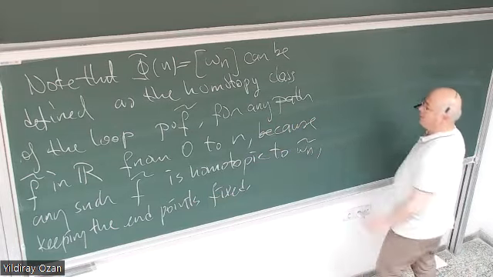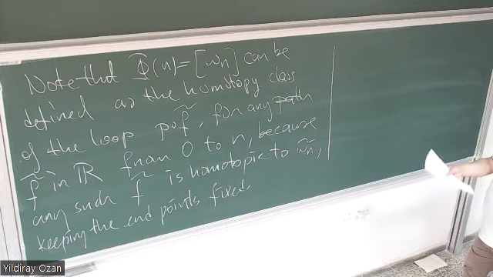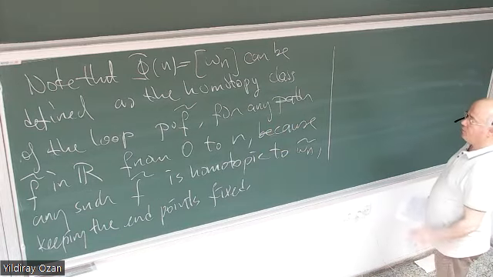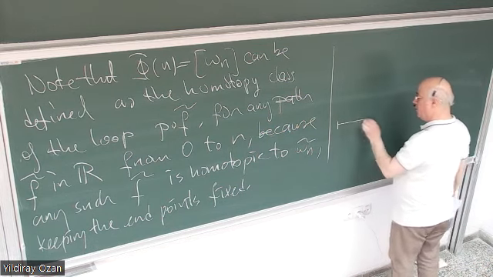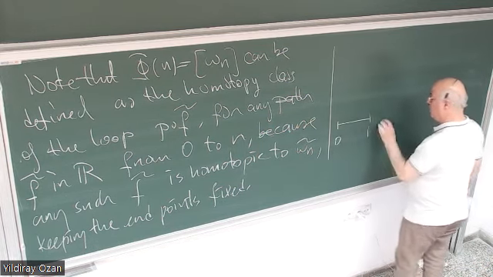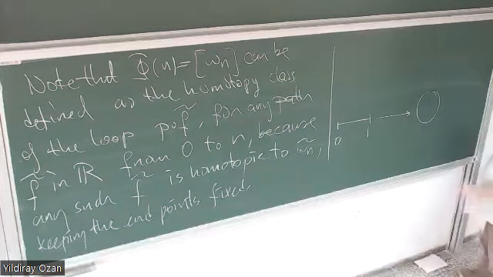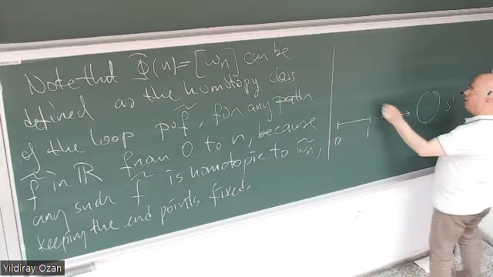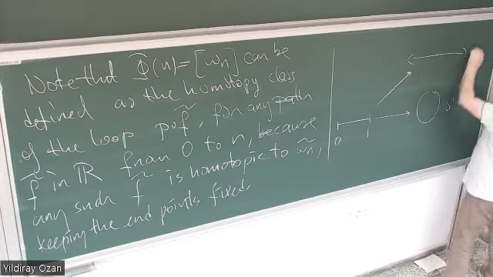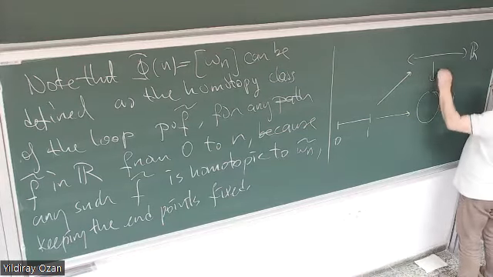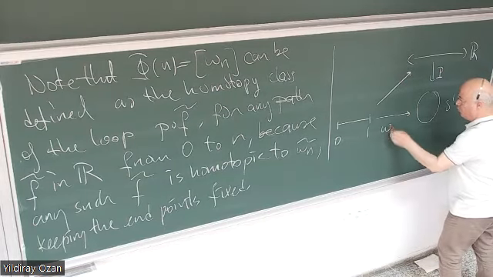Now let me explain this. We will use this kind of phrases a lot. So what we are doing is this. Here I have the interval 0, 1, and we have the circle, and we have here R. We have P here, and here I have Wn.